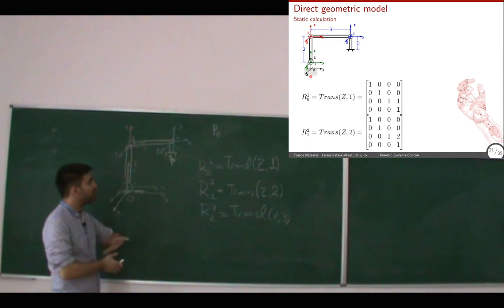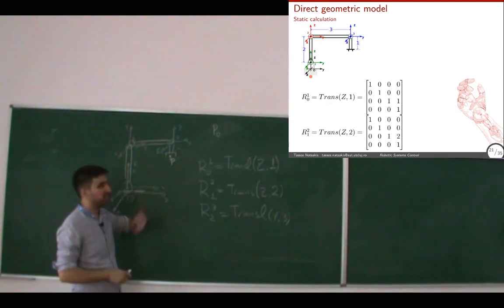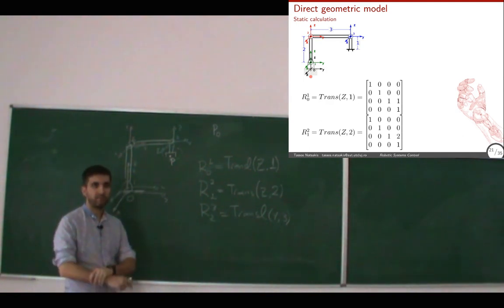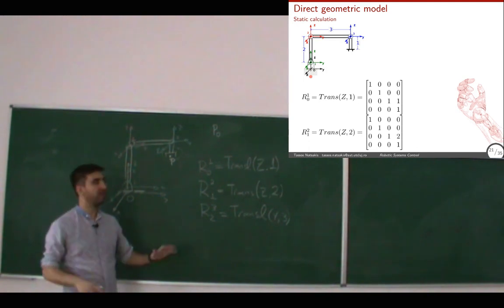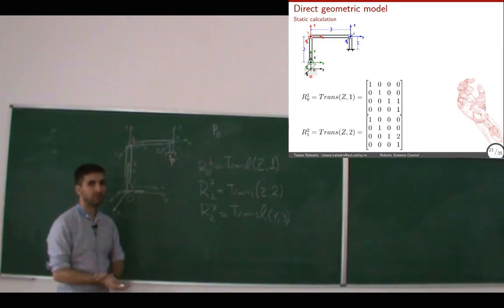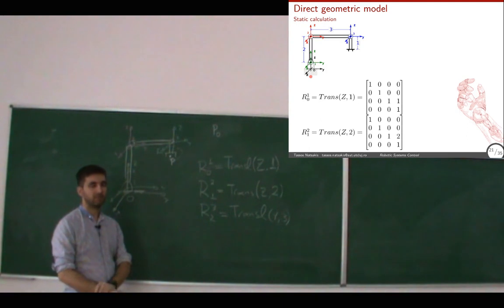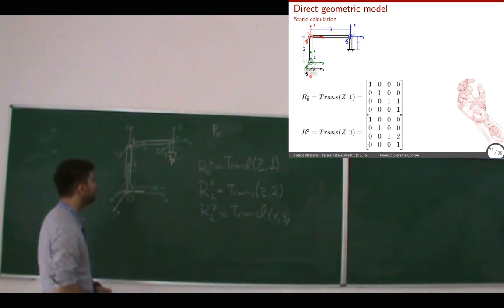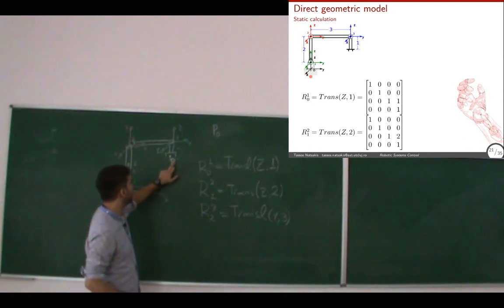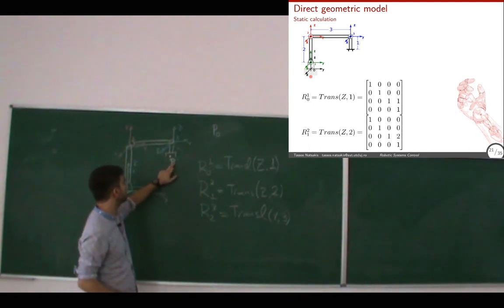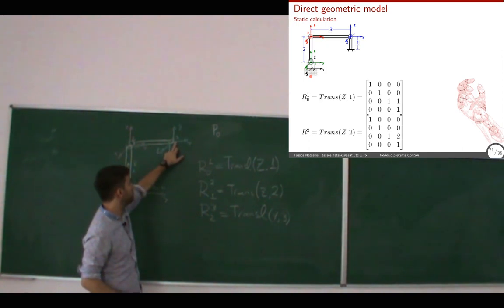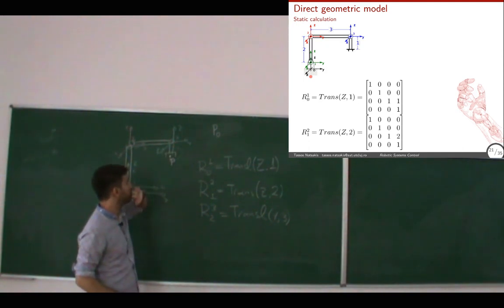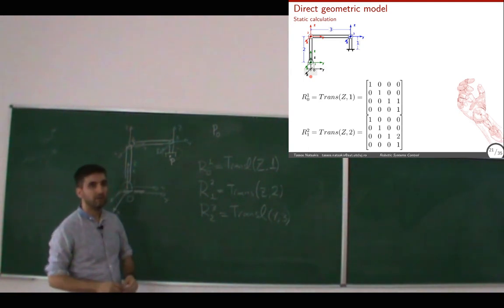Do I know somehow P expressed in another coordinate frame that is independent of how the joints are positioned? Do I know what are the coordinates of P always in this frame? Yes. Why?